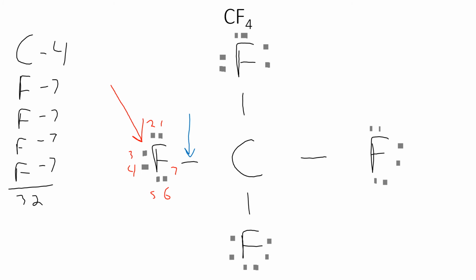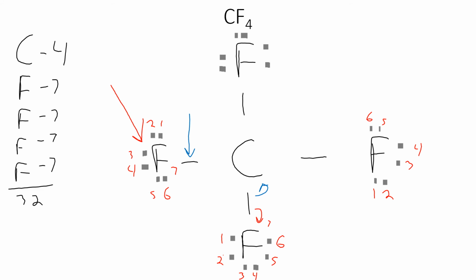The same thing would happen to the other fluorine on the bottom. The lone pairs would definitely be formally assigned to that fluorine. In this bond, one of them would get assigned to the fluorine, the other one would get assigned to the carbon. The fluorine on the right, same thing. We count formal electrons. The lone pairs, 1, 2, 3, 4, 5, 6.